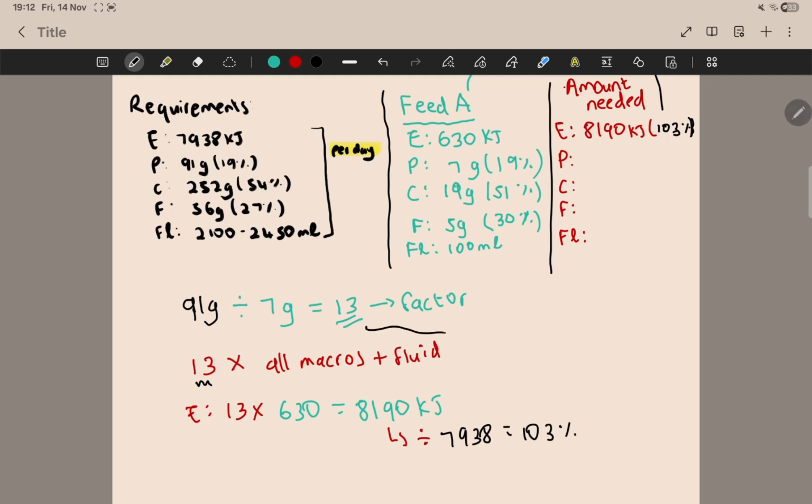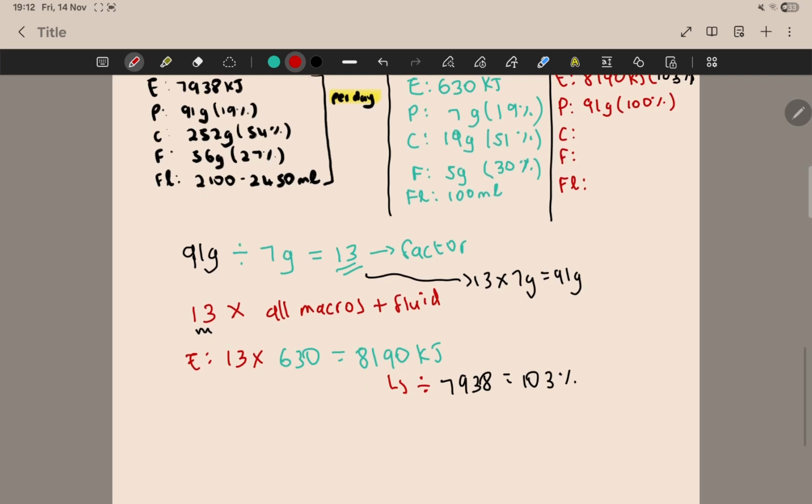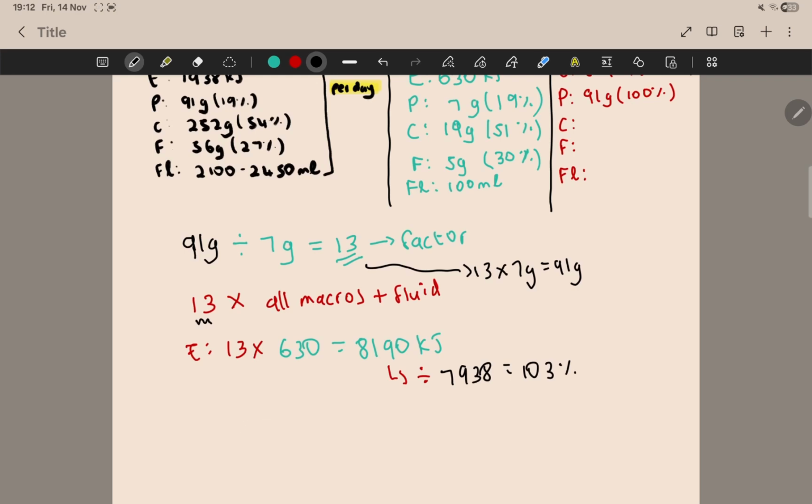So if I take 13 and I multiply it by the 7 grams, I'm going to get 91 grams. There's no doubt about that. So let's add in the 91 grams, and that's obviously 100%. Then for carbs, you do the same. So 13 factor multiplied by 19 grams is going to be 247 grams.